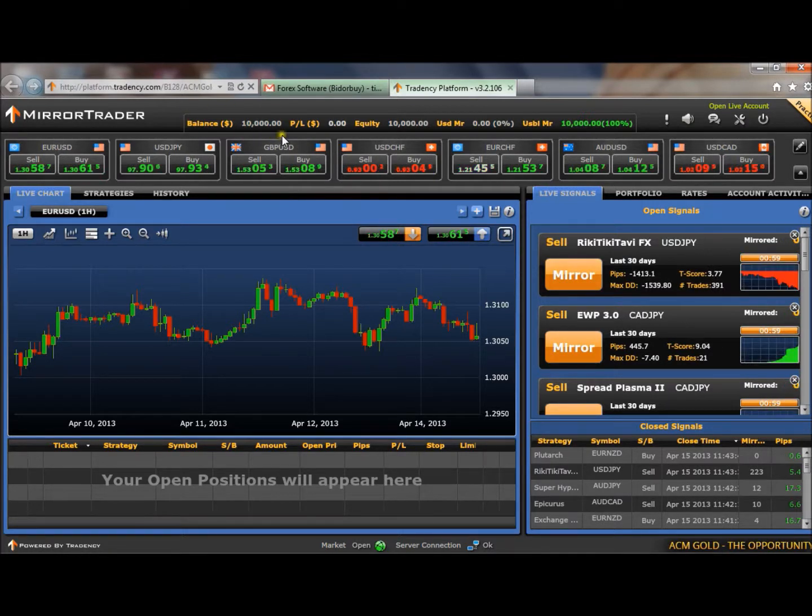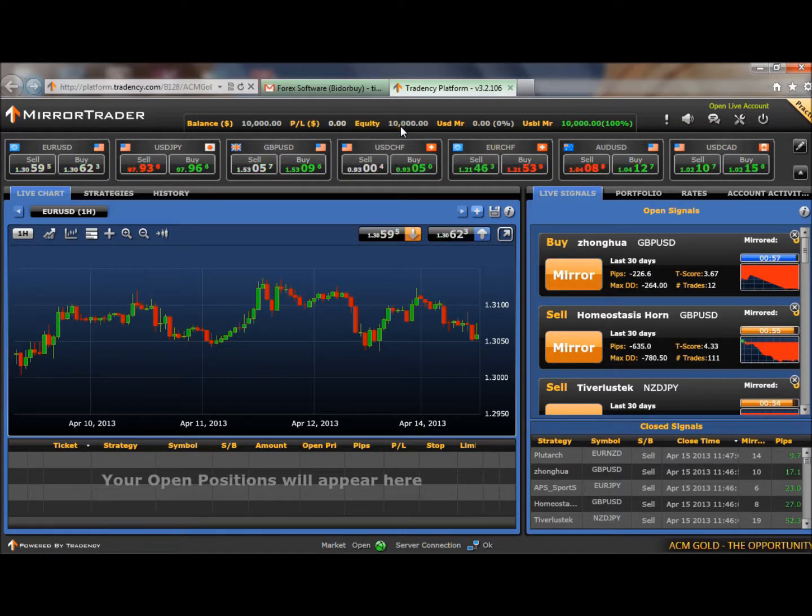So our balance at the moment is $10,000. Next to that, we have your profit loss. This is for all your open trades. So if you have open trades, it will show you the position they are in over here. So if you are down $200, it will show a minus 200, and if you're up $200, it will show a plus 200 over here.